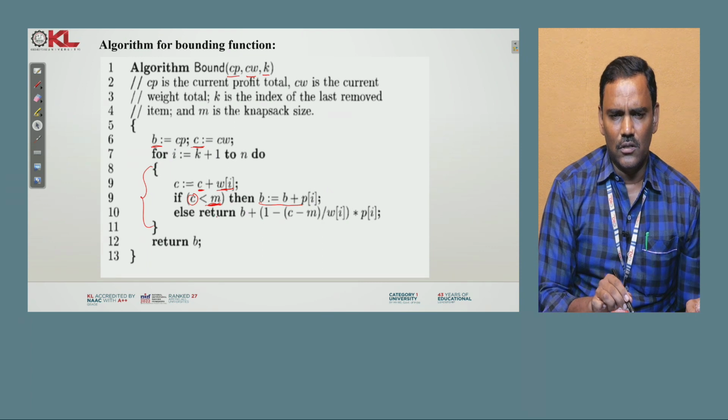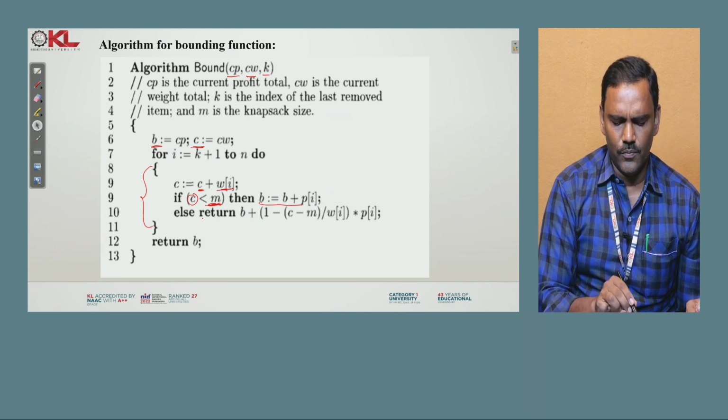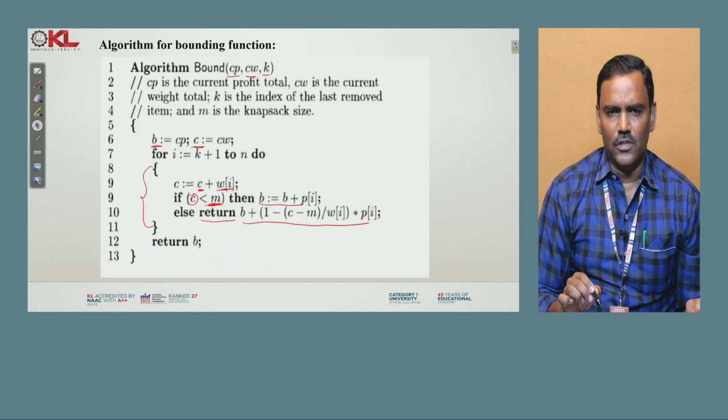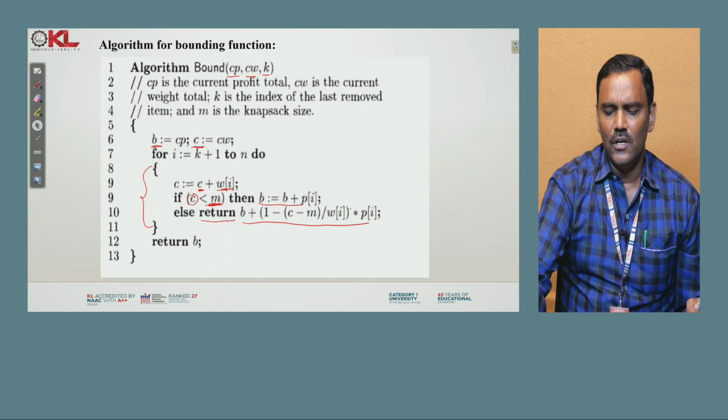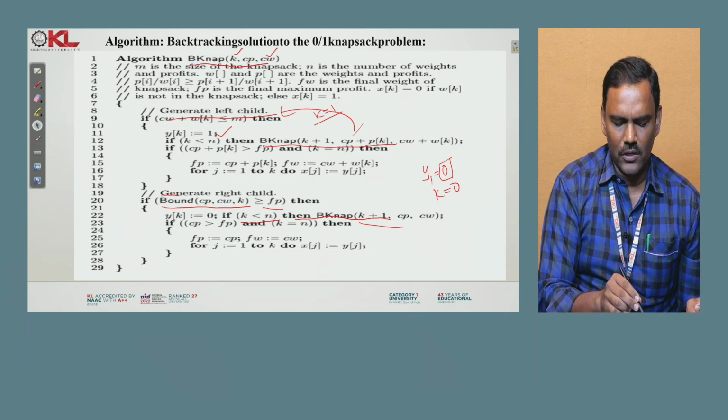If it is not less than that, then we are going to be returning the value of this function, that is nothing but b plus 1 minus c of c minus of m by w of I into p of I. We will calculate, and we will return this one back to this bound function here.